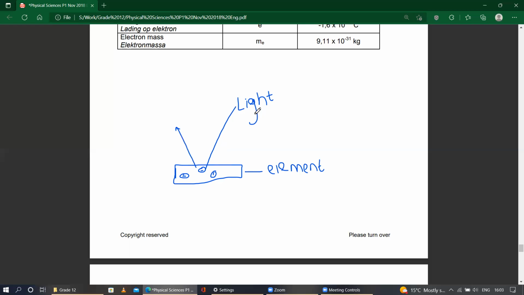The electrons in the element are gonna gain energy, and then they're gonna jump out.